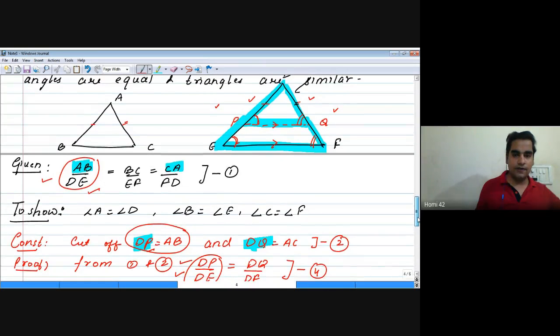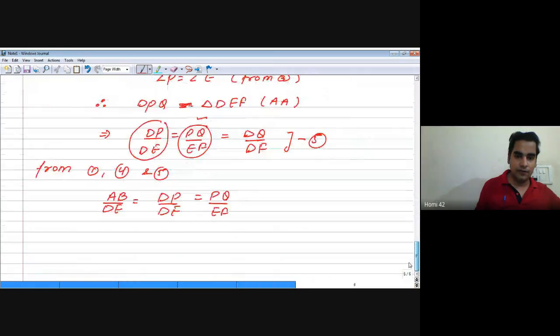Is this true or not? Now this AB upon DE is equal to BC upon EF also. So I'm going to write this as well because this will give our proof. This is equal to BC upon EF also.